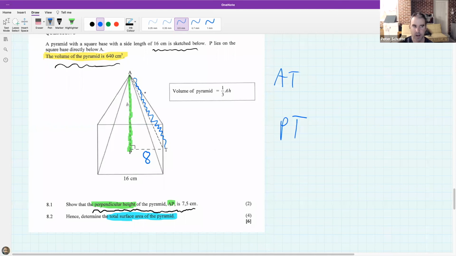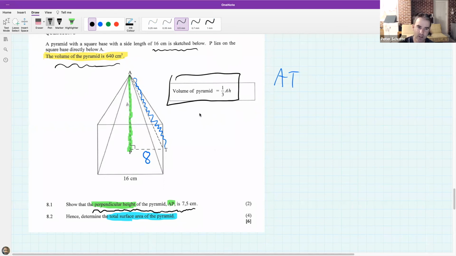Okay. I think the big problem is, how do we work out the slant height? I think the formula could help us, because we really need to work out what AT is. So what I'm going to suggest is, can't we put something into this formula? Or maybe we could just use the formula. Yes, Bongeka, I think you're right.